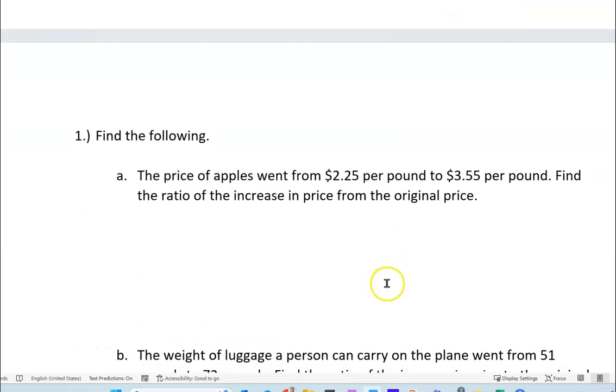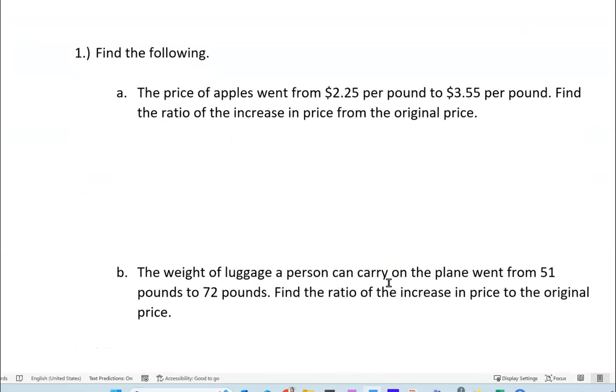All right, so now we're going to use ratios, those comparisons, to find values, to continue looking at relationships between things. So for here, it says the price of apples went from $2.25 per pound to $3.55 per pound. Find the ratio of the increase in price from the original price.